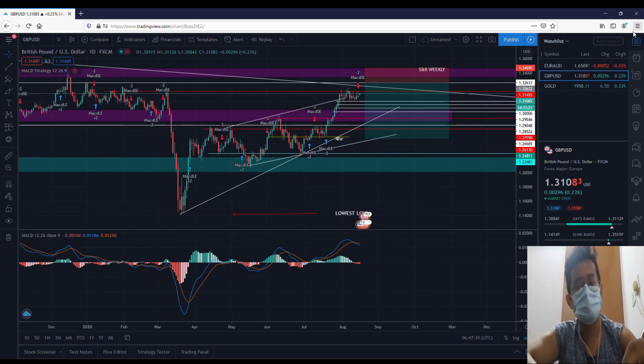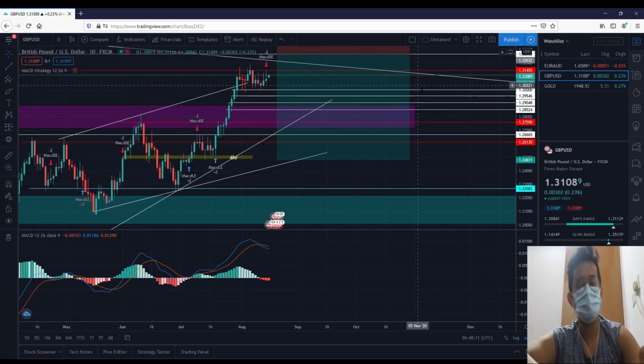So the case first is that for GBPUSD, the stop loss would be the previous highest high, December 2019, that is 1.34742.